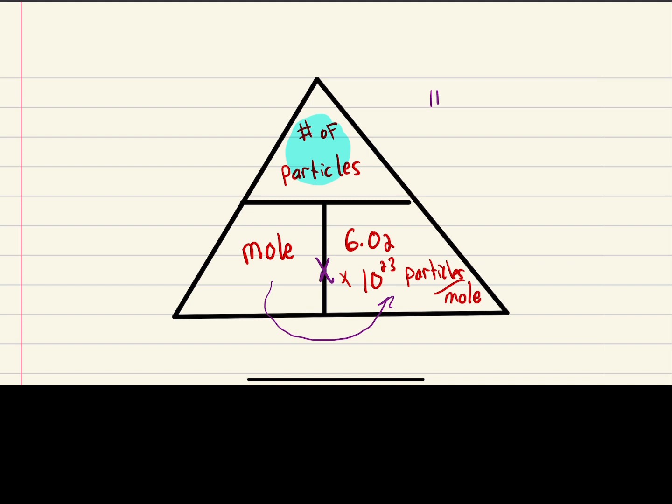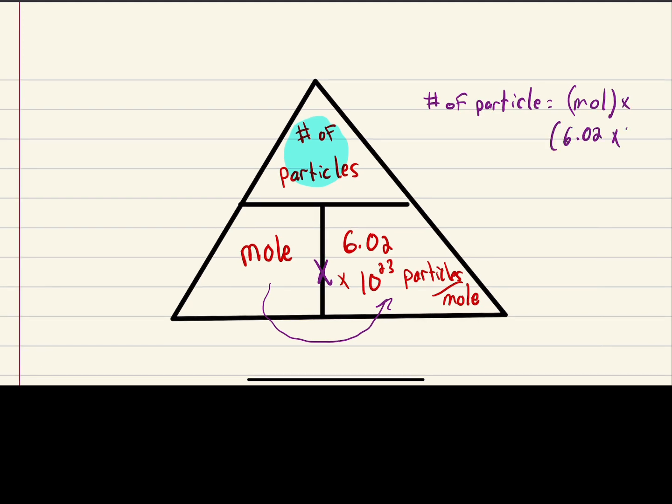So if I write the mathematical formula for this, the number of particles equals the number of moles of gas, and I'll omit the E for short form, multiplied by 6.02 times 10 to the 23, where that is the Avogadro constant. Now, if I wanted to solve for the number of moles, I'll highlight that yellow. Just like in the previous formula, whatever's left over from the highlighted yellow describes the formula to solve the highlighted variable.